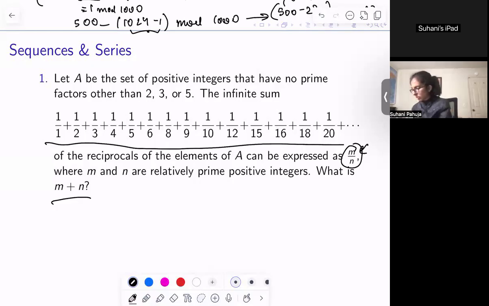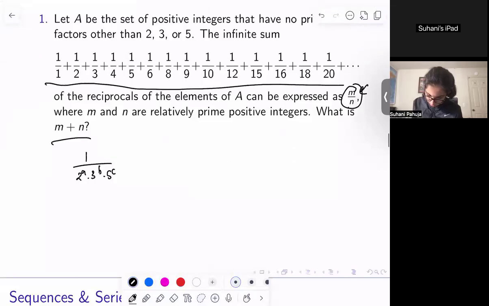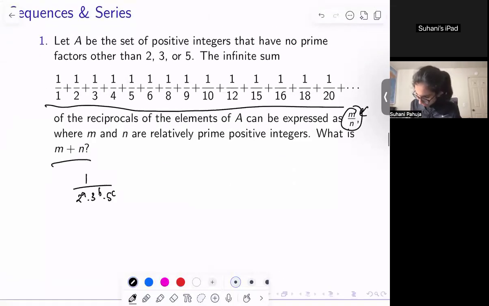And so the way we can do this is we can notice that each of these fractions is of the form 1 over 2 to the a times 3 to the b times 5 to the c, essentially. And so we have this infinite sum of fractions of this form.